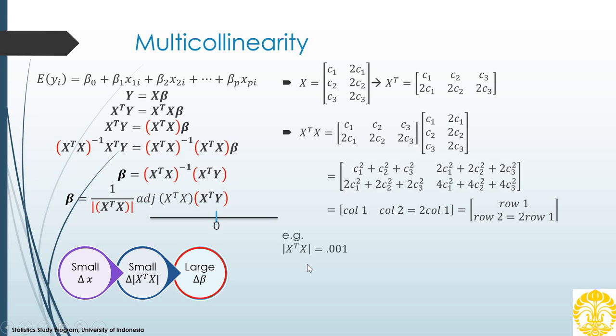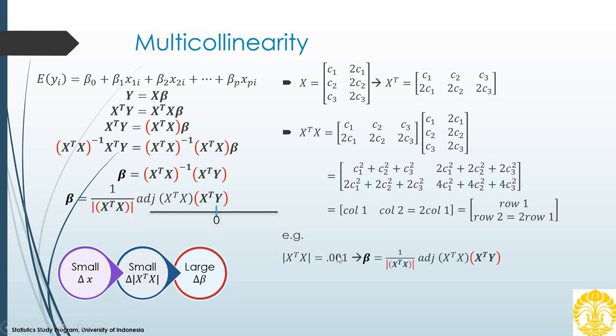So for example, let's say the determinant of X transpose X is 0.001. Then beta is given by this formula, 1 over the determinant multiplied by the adjoint and multiplied by X transpose X. Let's say this part is just a constant b, just to simplify our calculation, and this is considered for one beta.